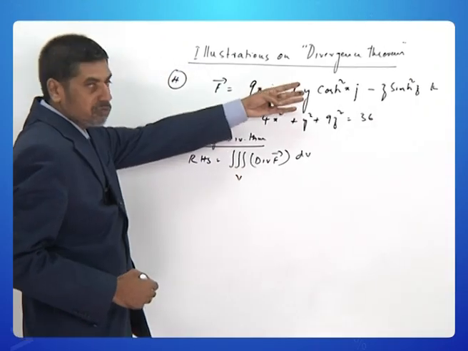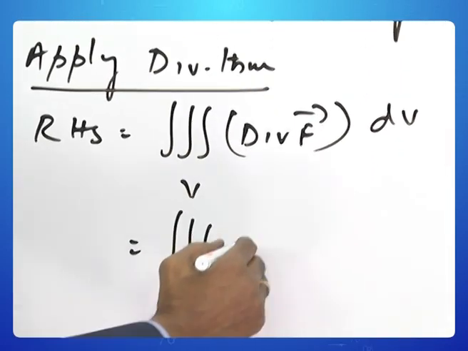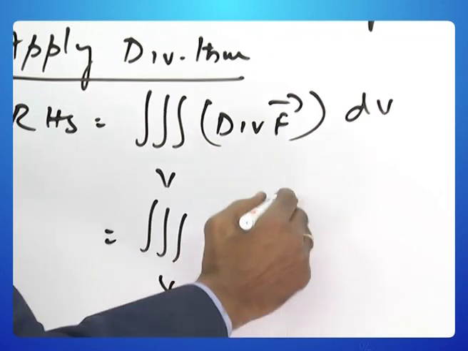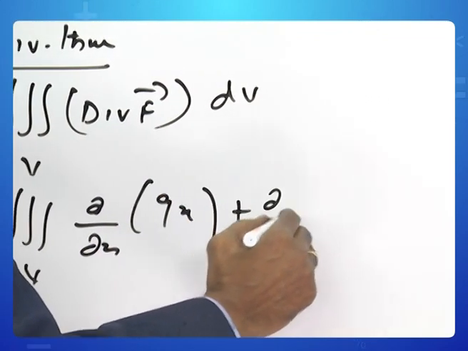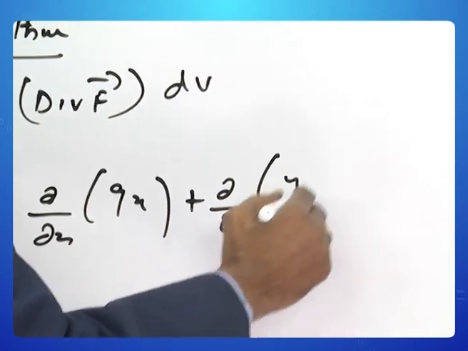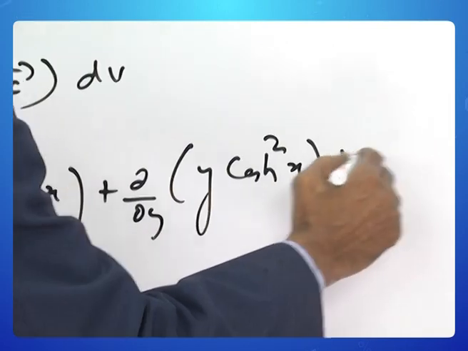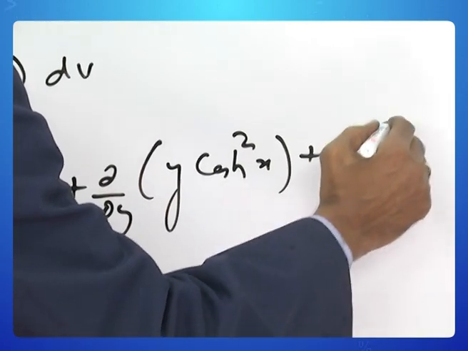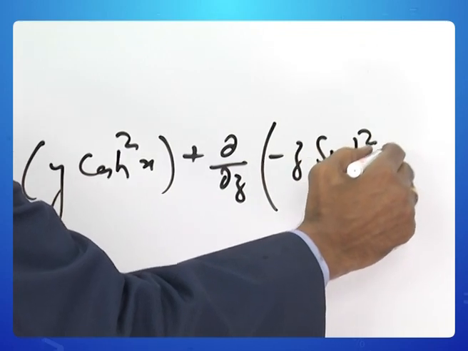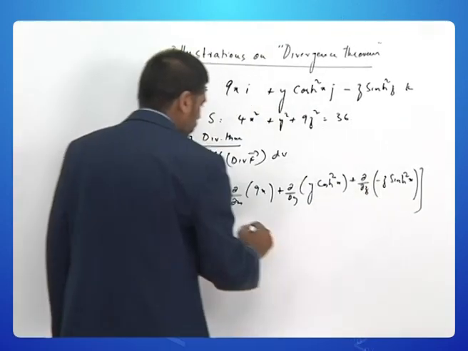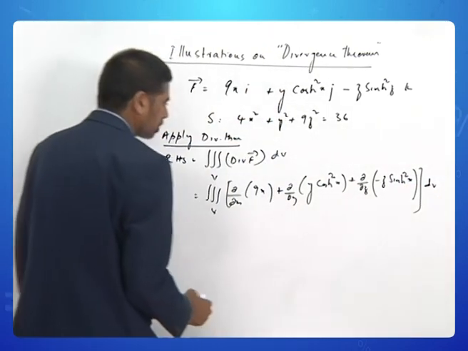So you take the divergence of this field, which would be dou by dou x of 9x plus dou by dou y of y cos hyperbolic square x plus dou by dou z of minus z sin hyperbolic square x, dV.